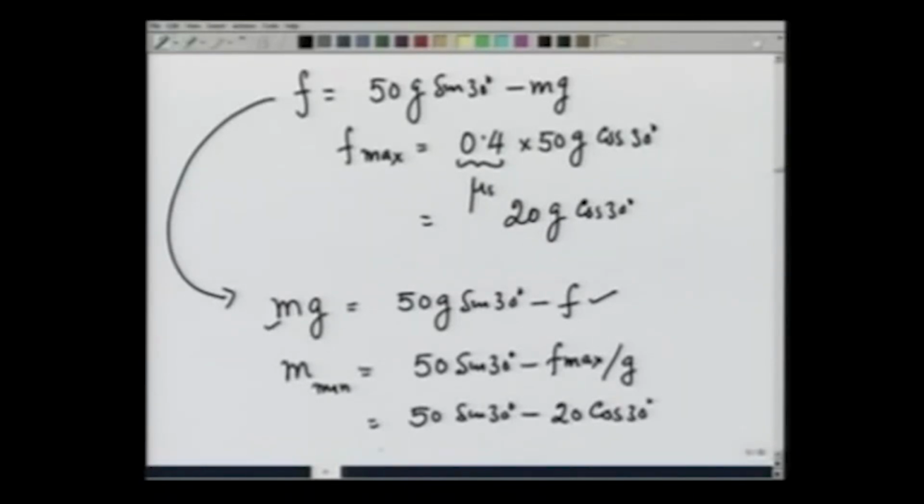By putting in the numbers, you get this equal to 25 minus 10 root 3, which is 25 minus 17.32, or 7.68 kgs. So, you see, because of the friction, I could have a much smaller value of small m, 7.68 kgs, and still the whole system would be in equilibrium.